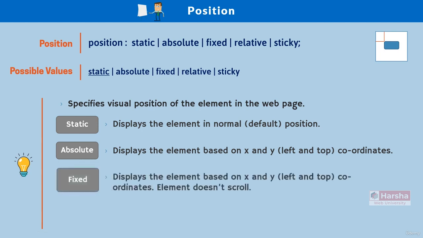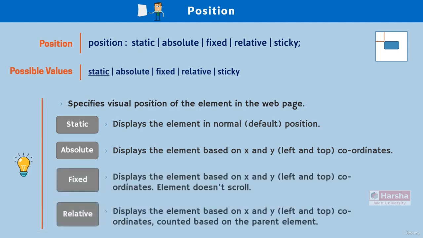Similarly, we have something called fixed and relative also. The fixed value is almost equivalent to absolute, but the difference is that fixed elements will not be scrolled, but absolute elements will be scrolled when you use the scroll bar of the page, that is when you scroll the page top to bottom or left to right.